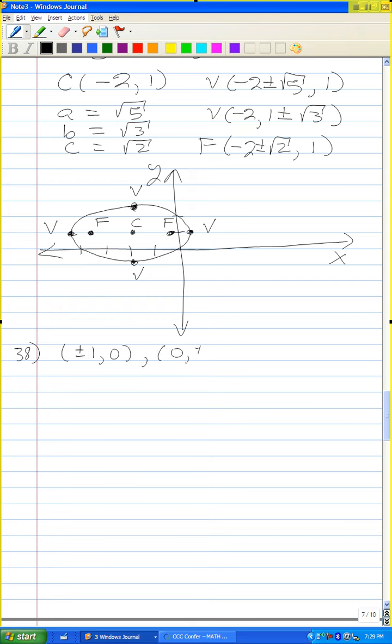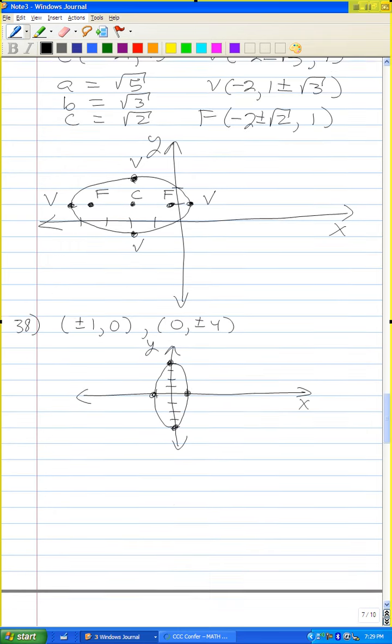Okay, so if I do that, I have here the intercepts are plus or minus 1 and 4. 1, 2, 3, 4. Okay, and so here's my ellipse.